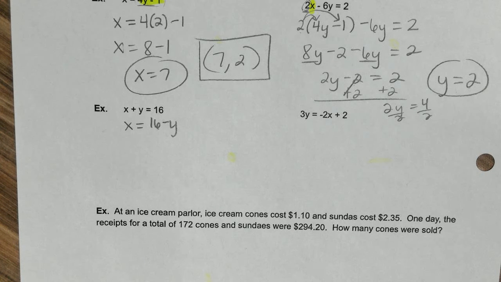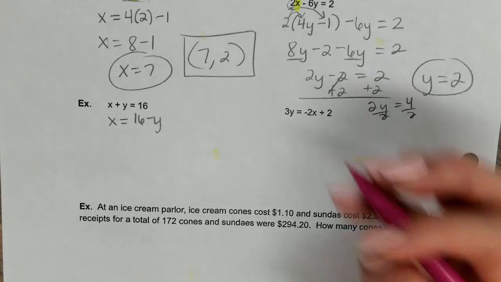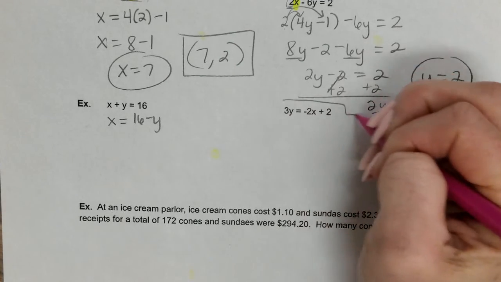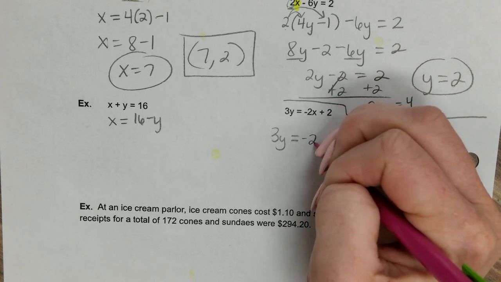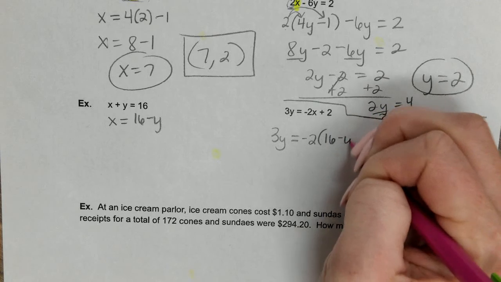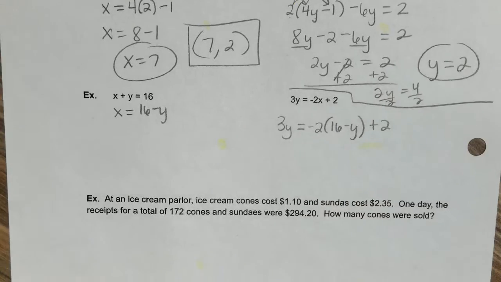You have to do distributive property. Yep. Just anytime you want, just put it in parentheses when you're plugging it in, and it'll tell you whether or not you have to do distributive. If you're stuck, I did the first step.